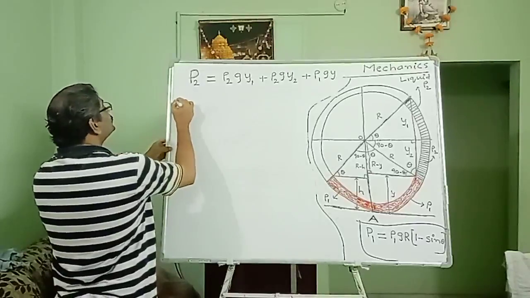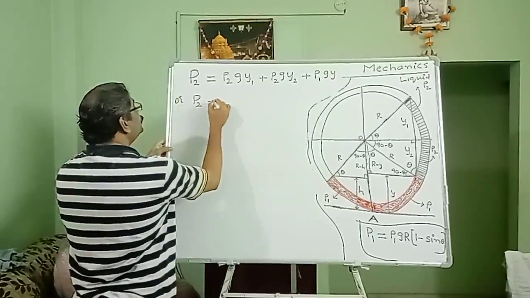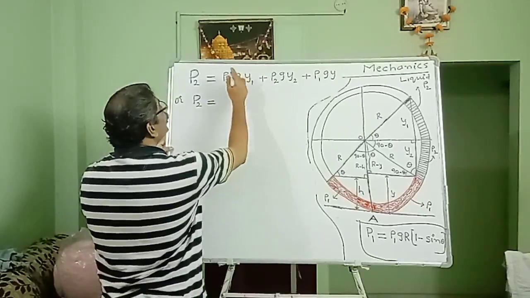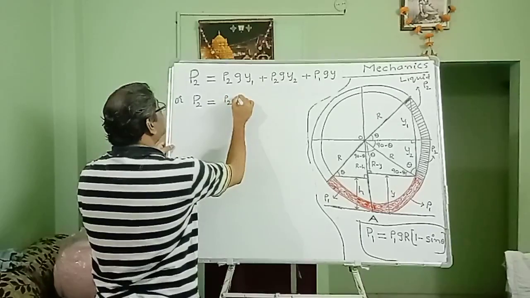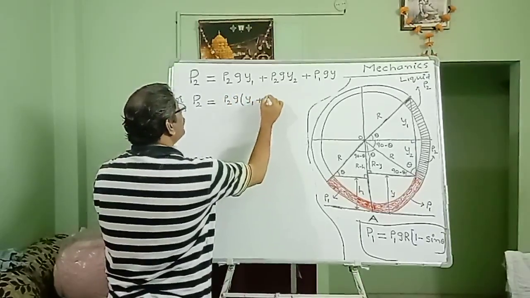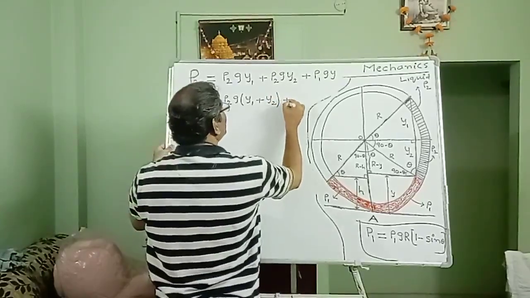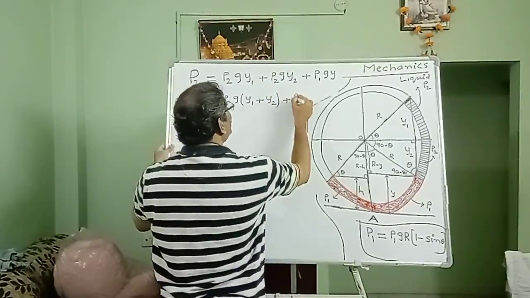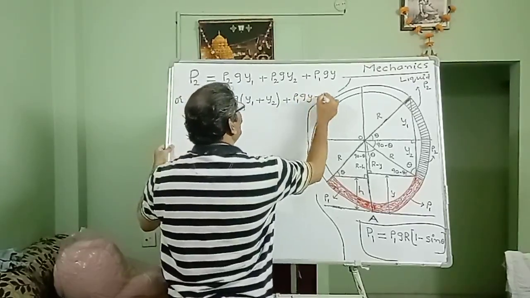Further this can be written, P2 will be numerically equal to, between these two, rho 2 g can be taken common. So what I get, y1 plus y2 plus the third term, rho 1 g into y.